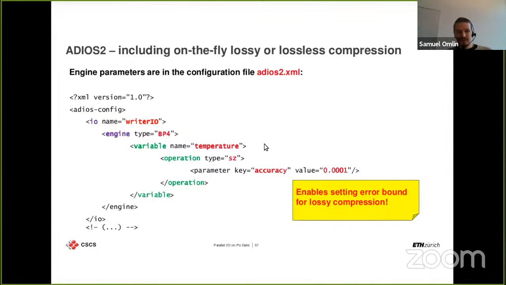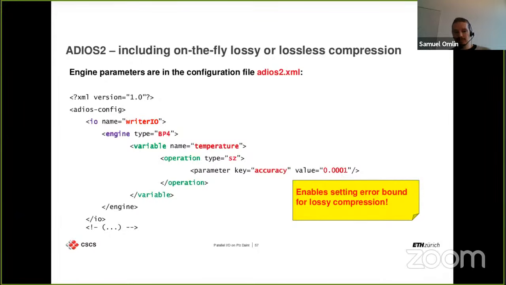Okay, so you can specify, for example, for the variable temperature, I want to use the SZ compression algorithm, which is a lossy compression algorithm. And I specify I want to use this accuracy, so I put an error bound for my lossy compression.